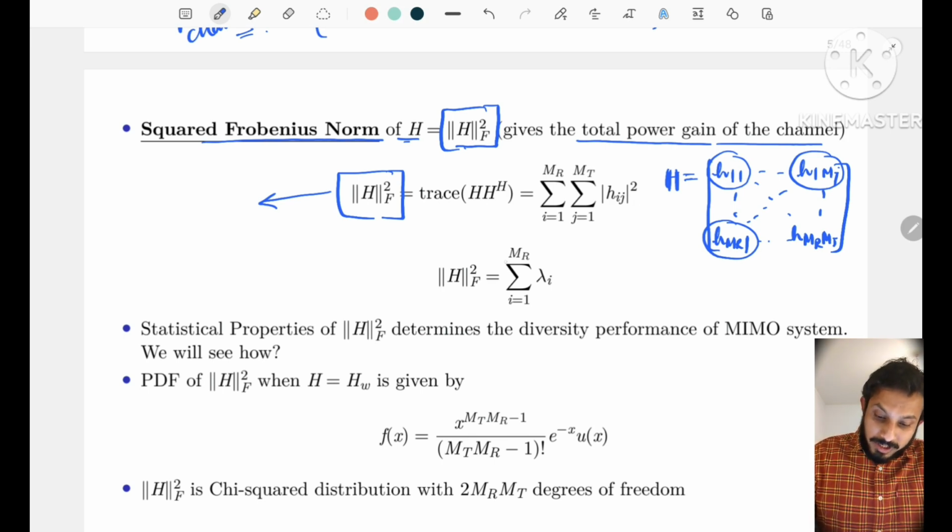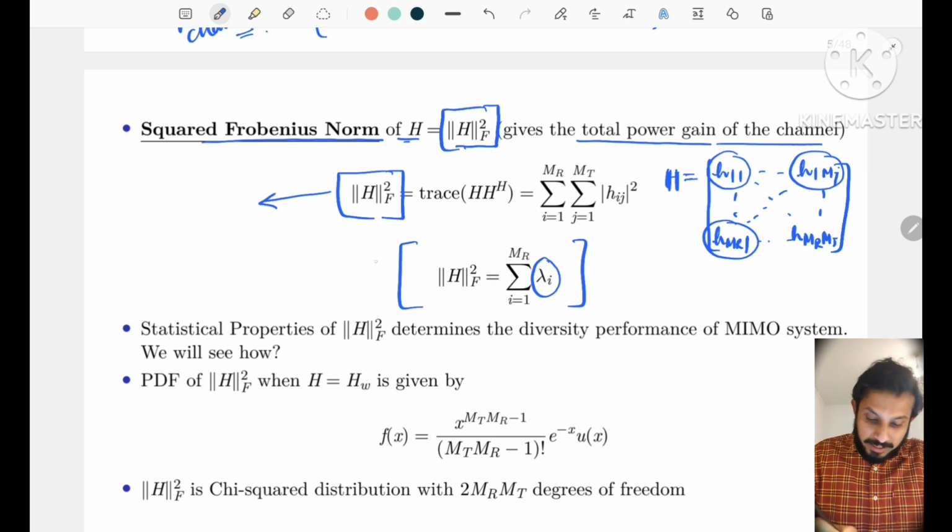This can also be computed by taking the sum of all the eigenvalues of H H Hermitian, which also gives the total power gain of the channel. So there are two ways to compute the squared Frobenius norm of the channel.